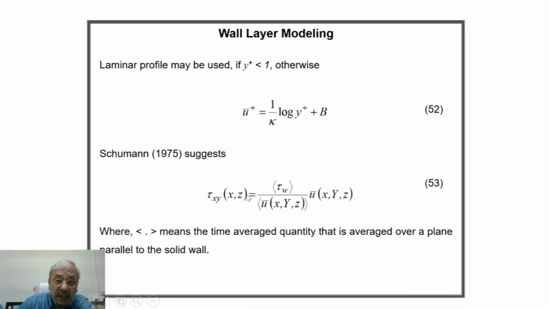From there calculate tau xy through this averaging, and you can see that this bracket means the time average quantity, that is averaged over a plane parallel to the solid wall. So applying boundary conditions is slightly involved, but it is simple if the grid size is kept below 1.